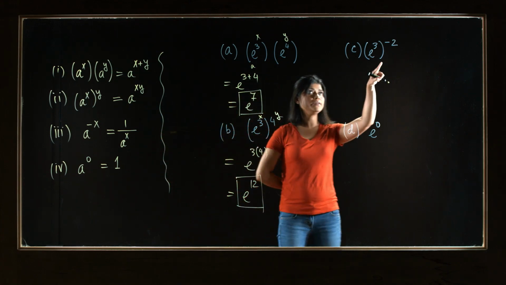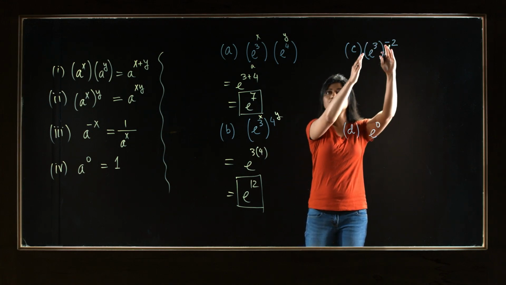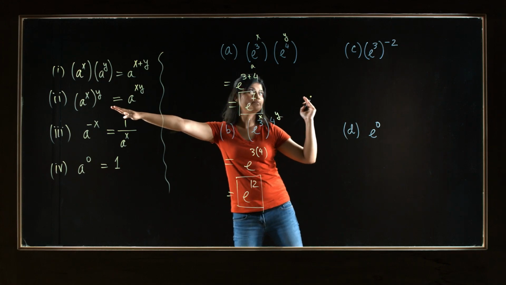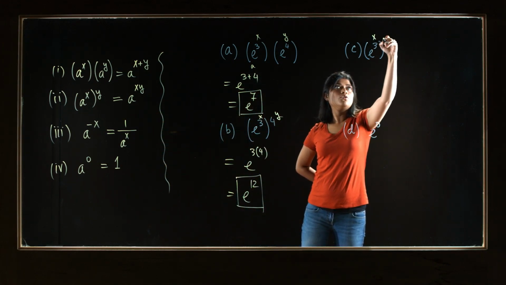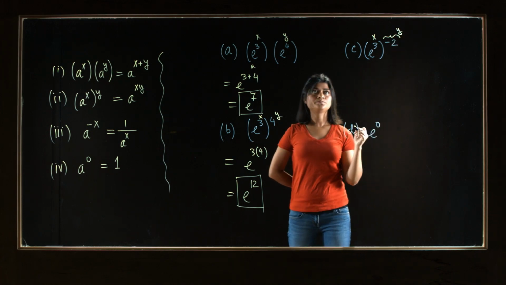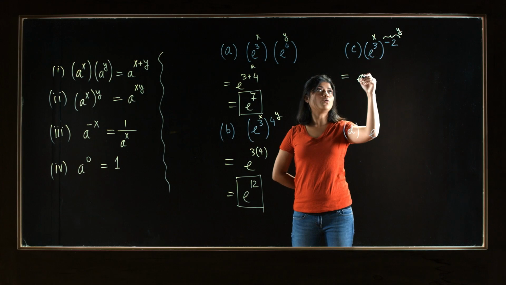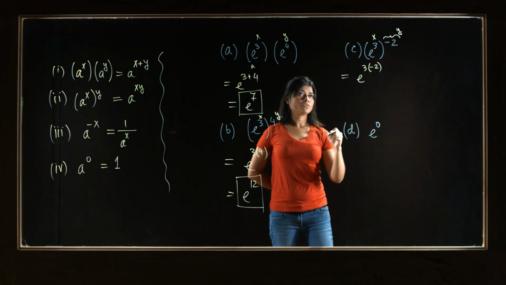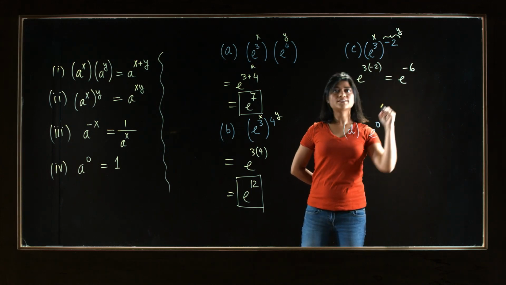For part C, again we have e cubed and the whole thing raised to the power negative 2. So it looks like property 2, 3 is our x, negative 2, the whole thing is our y. So we use property 2 to say this is e to the power 3 times negative 2, which is e to the power negative 6.